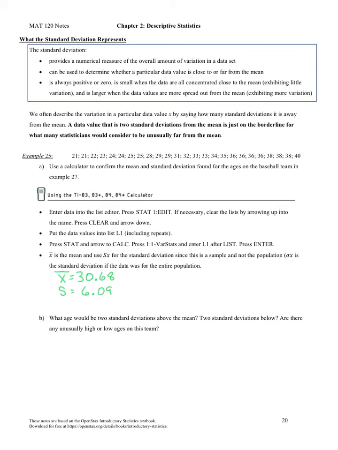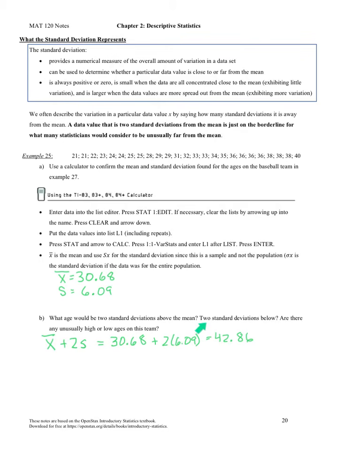Taking a look at example B, what age would be 2 standard deviations above the mean? So in this case, we want to take our sample mean, which is 30.68, and we would like to add 2 standard deviations. And we will come out with 42.86.